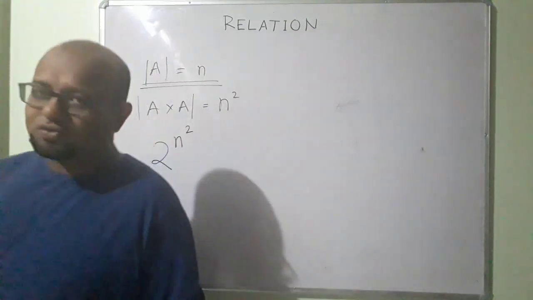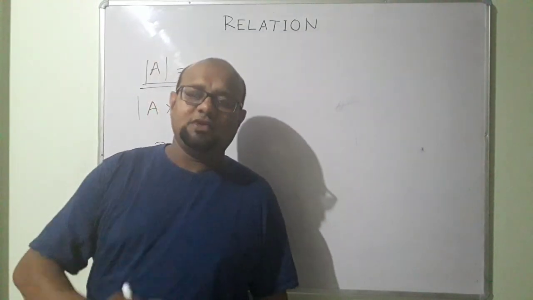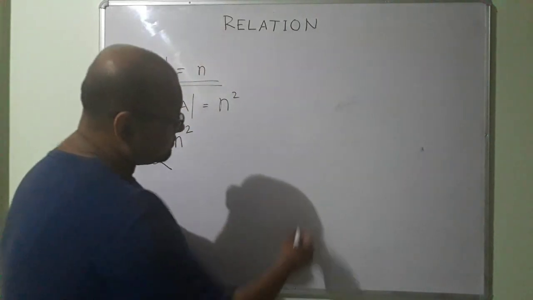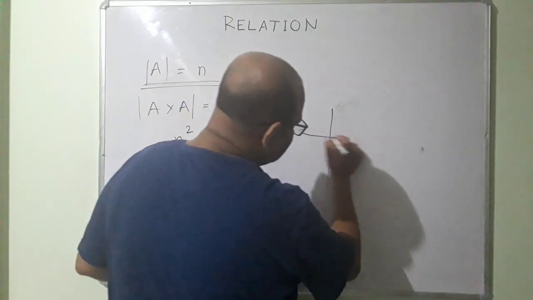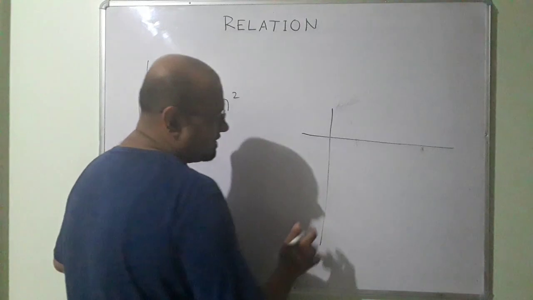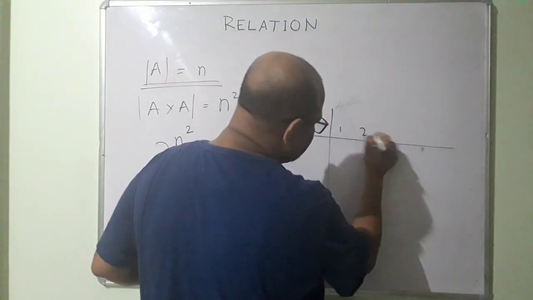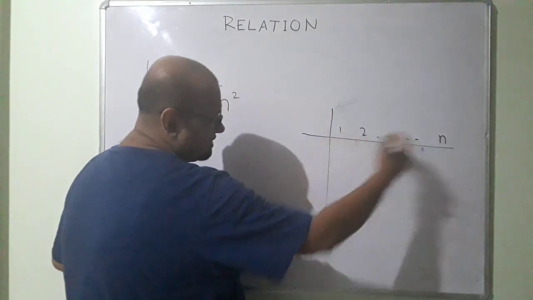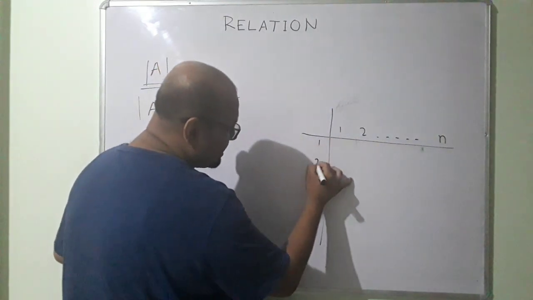But this is a good way of thinking. Let me explain using another method. This is my matrix representation, right? In this matrix representation, I have n elements along the rows and n elements along the columns.